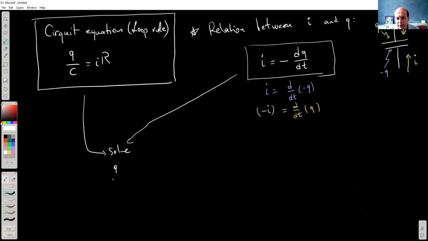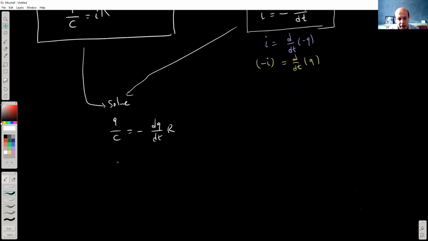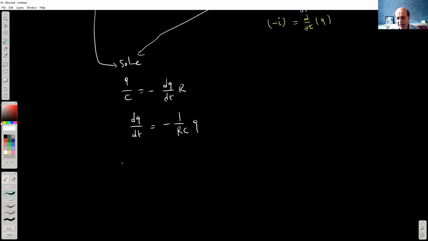So I need to make this a differential equation: dq over dt times R. This is a differential equation that is more manageable than the previous one, because I don't have any constant terms that appear on the right-hand side. That's good. So from here, I can immediately write that the charge is equal to some constant multiplied with e to the minus, well, this is the one that appears inside the argument of the exponential.